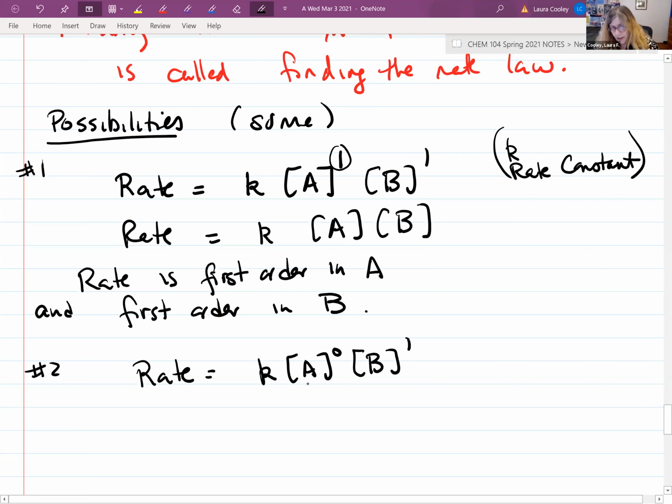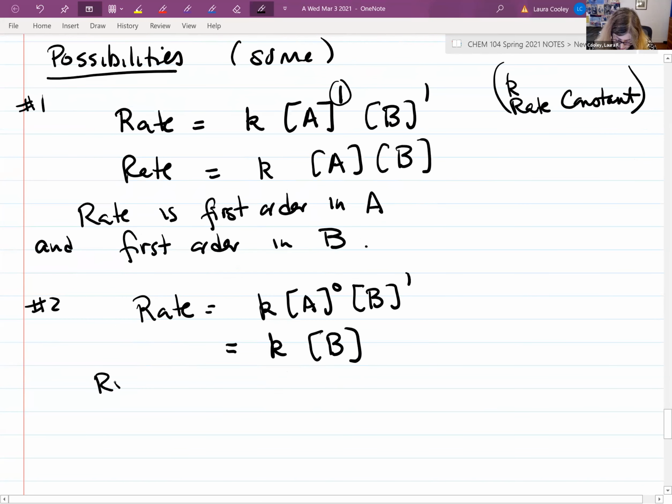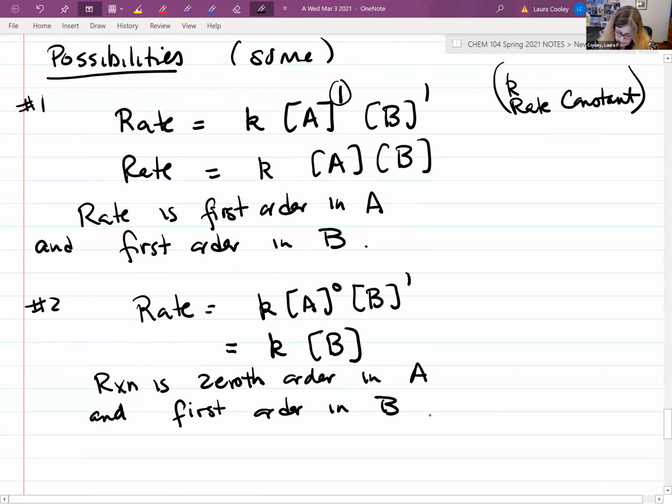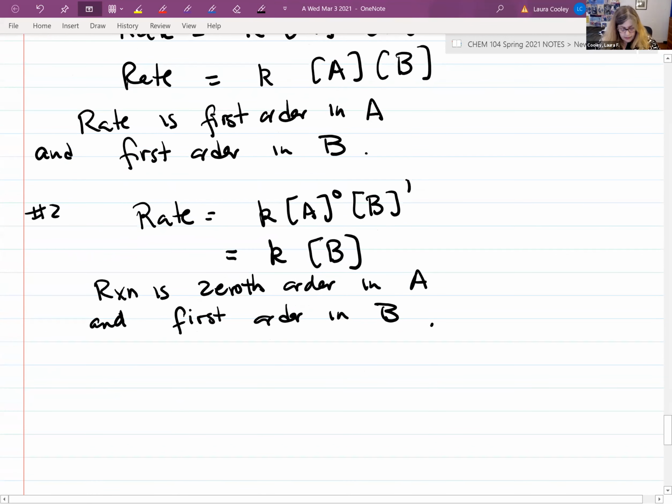Okay, A to the 0, well, that's just 1, right? So I wouldn't even put that there. I would write that this way. Okay, then I would say that the reaction is 0th order in A and first order in B.